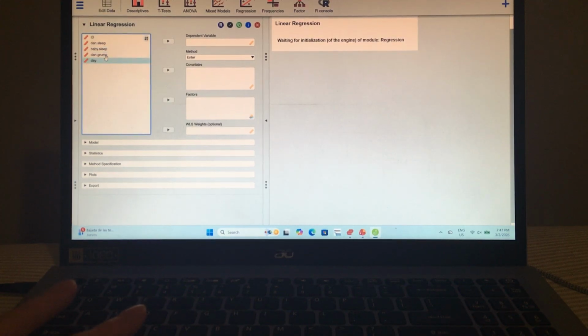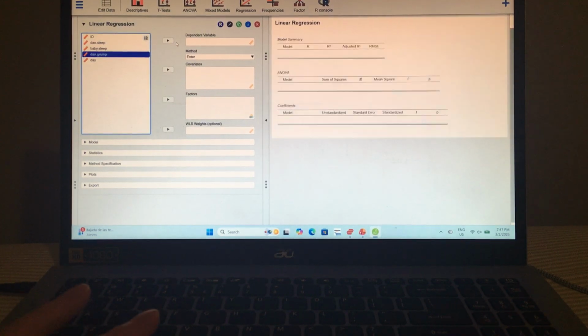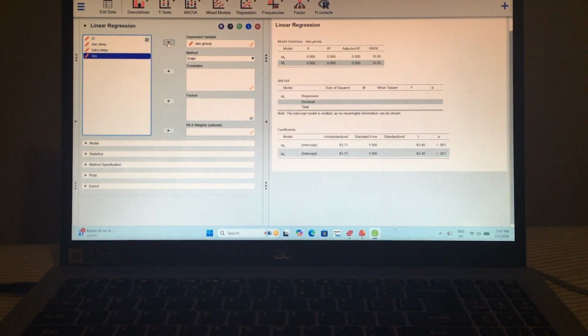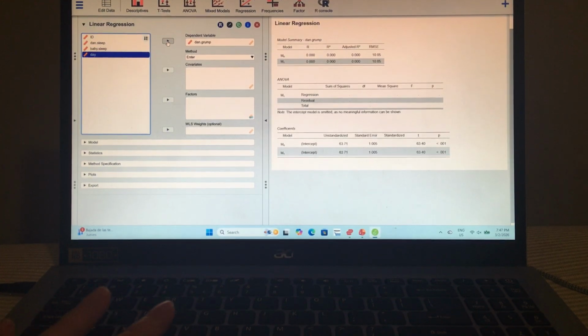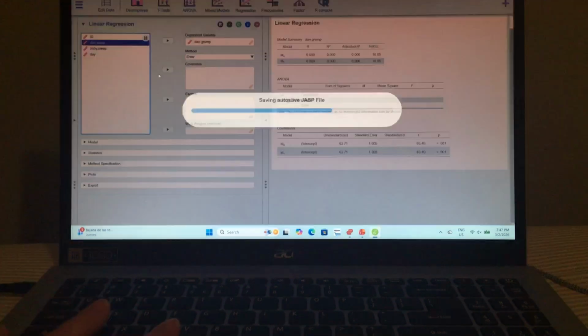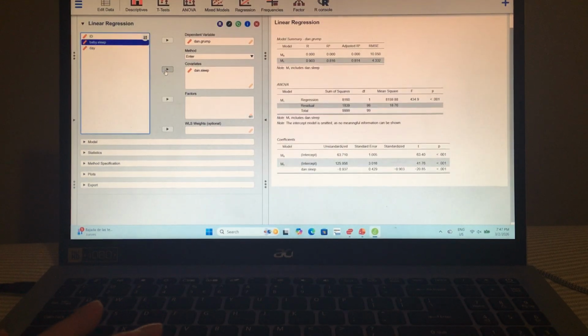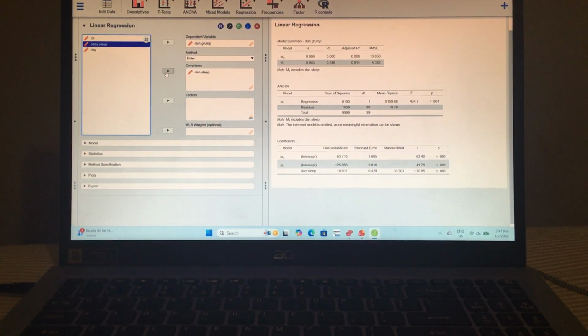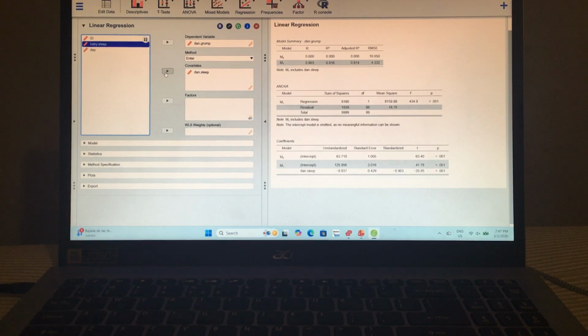And then we're going to move Danny Sleep to the covariates. And then we can compare what we got when we did this example with the screenshot in figure 11.5. So let's see if it matches.